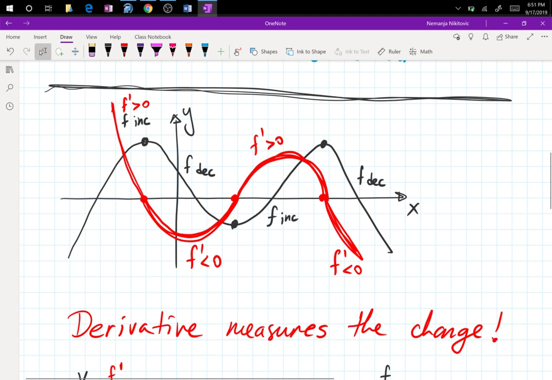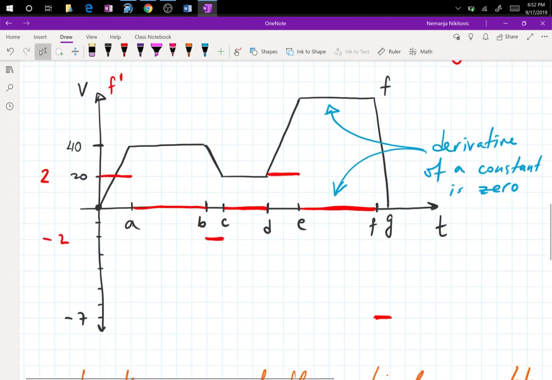Therefore, the derivative has to be above the x-axis, and we know it has to hit a point on the x-axis because that's where the maximum point was for the function. And you just follow around. Anytime the function is increasing, you have a positive derivative. Anytime the function is decreasing, you have a negative derivative.